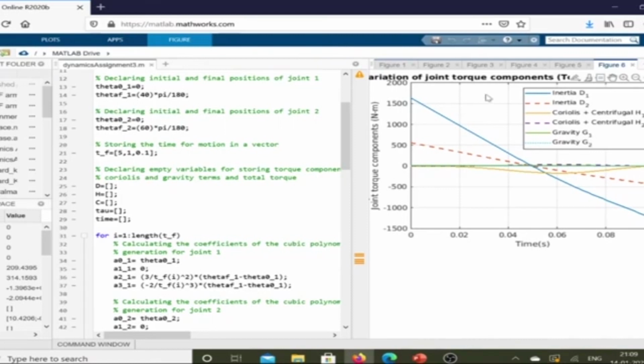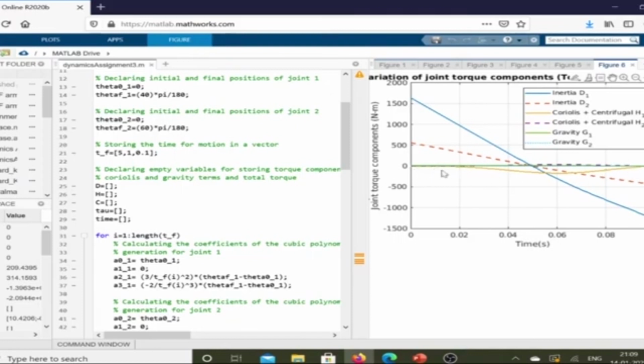What this is showing us is that the inertia term for link 1 is as high as 1600 almost. The inertia term for the second one is a little bit lower, about 500. Adding these contributes the major component of the torque here. The gravity component is as good as 0.